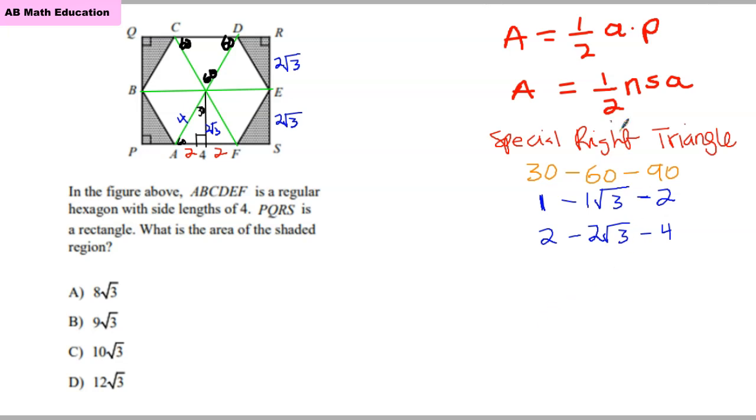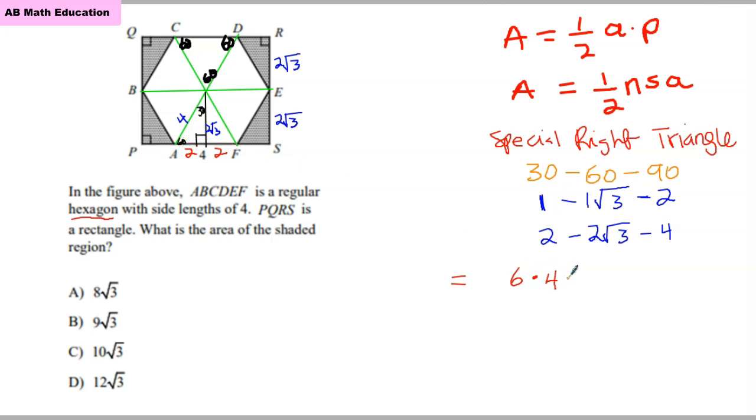So as I said, we are going to use the area of a polygon. The polygon is a hexagon. They mention it here, so it makes sense we do it that way. So to find the area of a polygon, it's going to be the number of sides of the polygon, which for a hexagon is 6, times one of the sides, which is going to be 4.